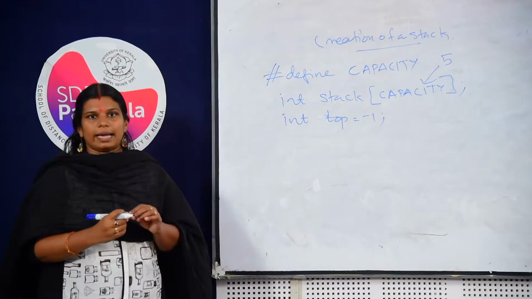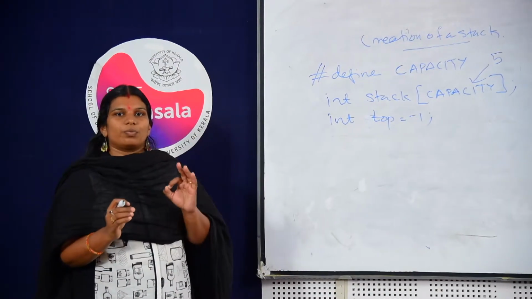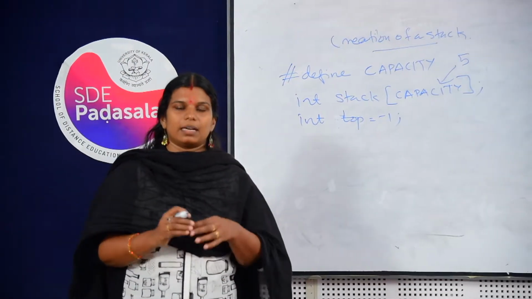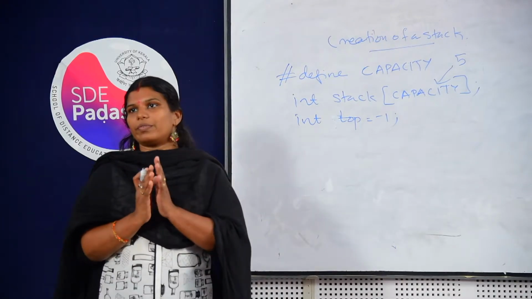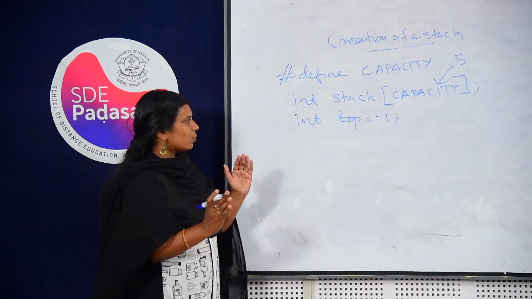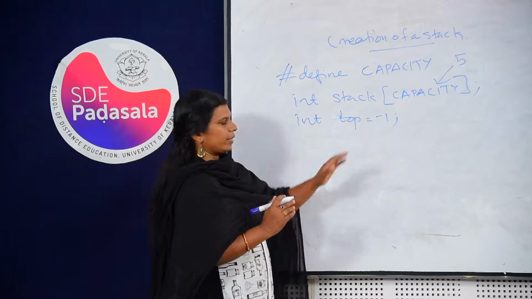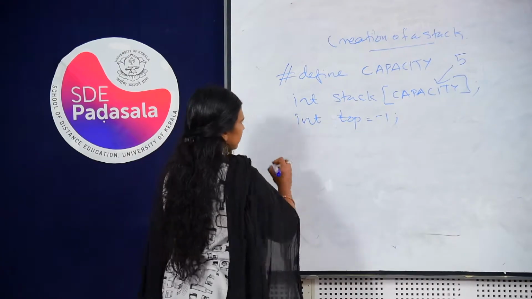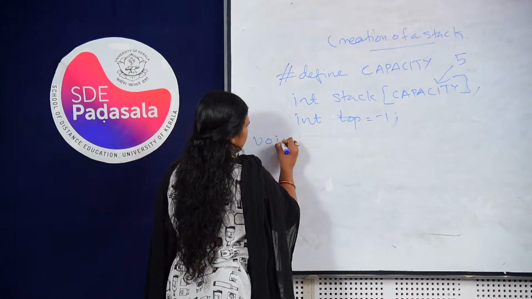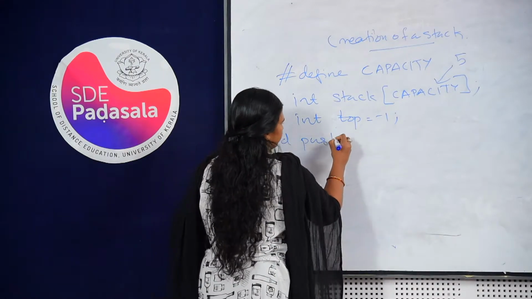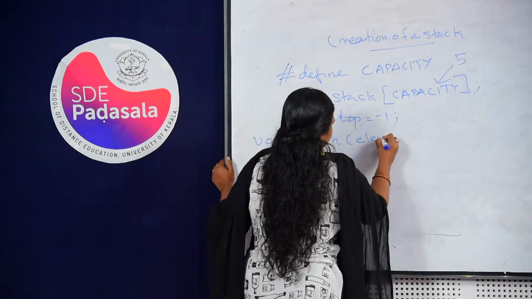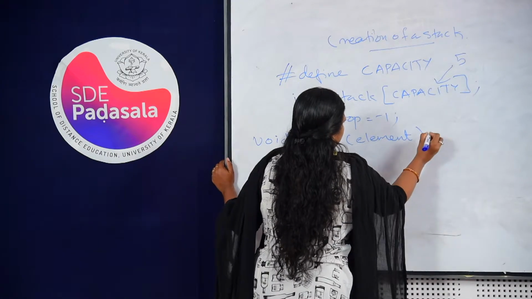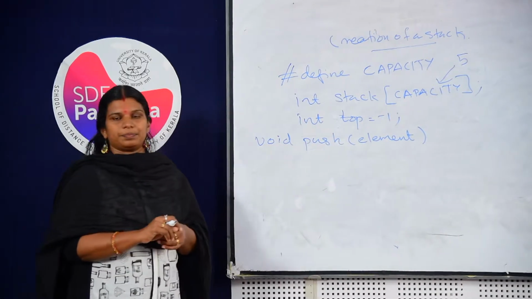We already said that the initial value of the top variable, since our stack is empty now and no value is there, will be -1, and we will call the function as void push(element). Why this element?